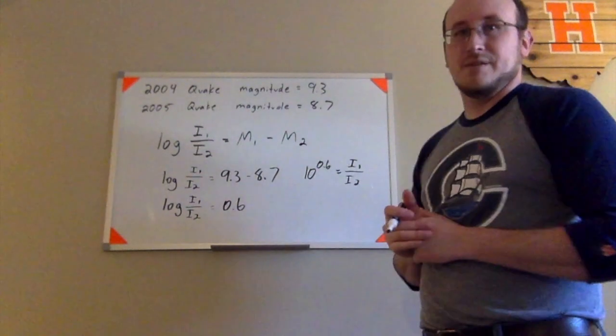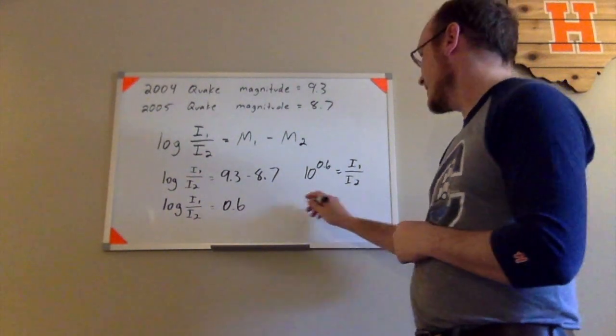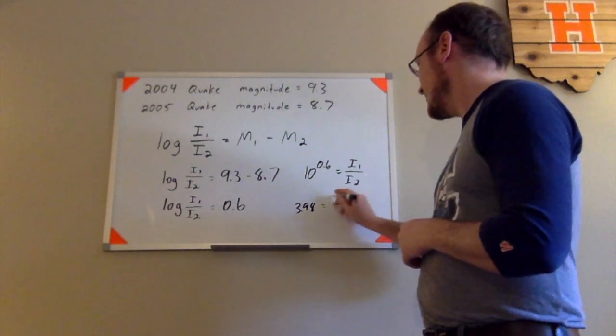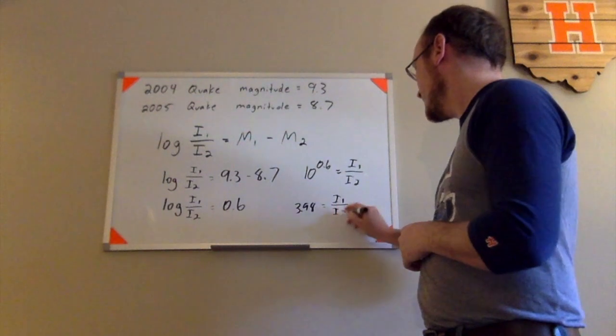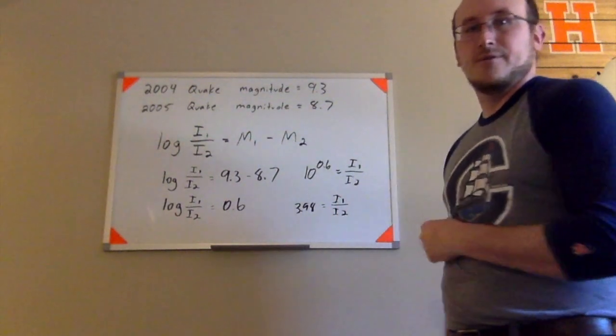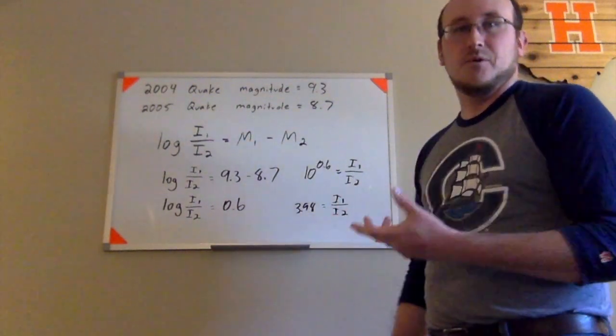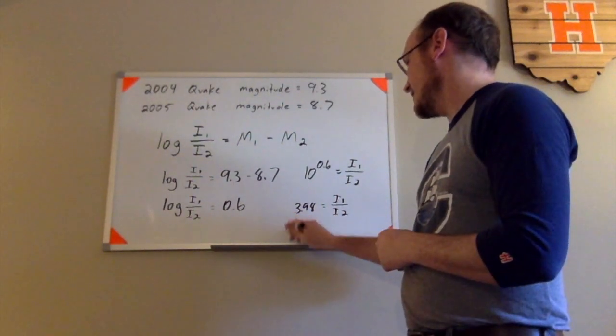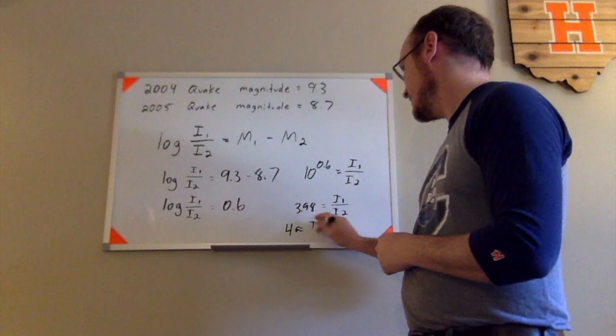I've already computed that in the calculator, and you get about 3.98 for that ratio. So we'll round that to the nearest whole number, which would be 4. So we will say that it is approximately 4.